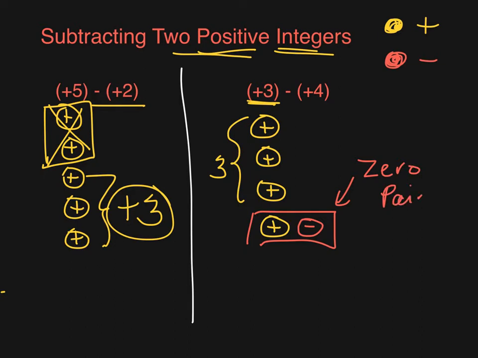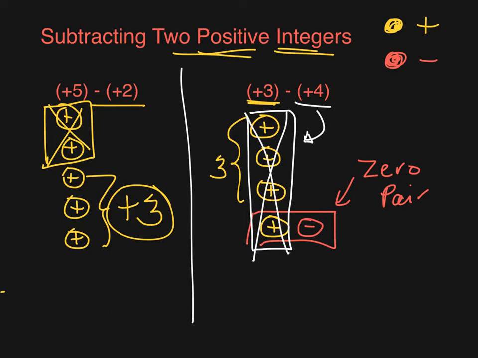So if I simply add a 0 pair on, I then can take away the 4 positives, like it says right here, and I'm left with negative 1, or 1 negative chip, but of course the answer there would be negative 1.